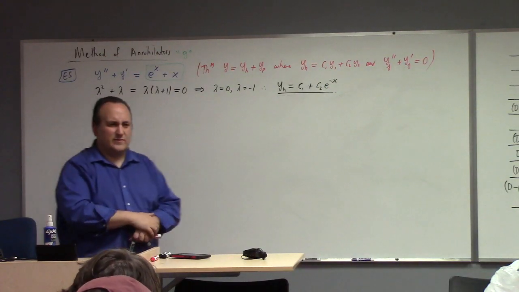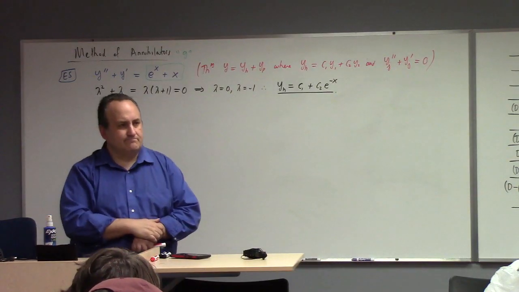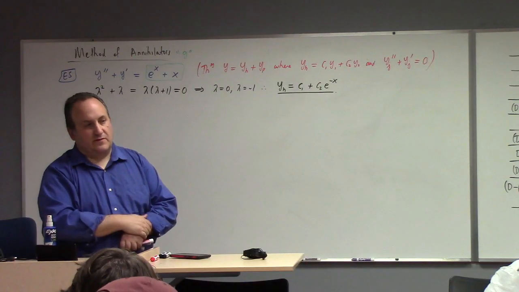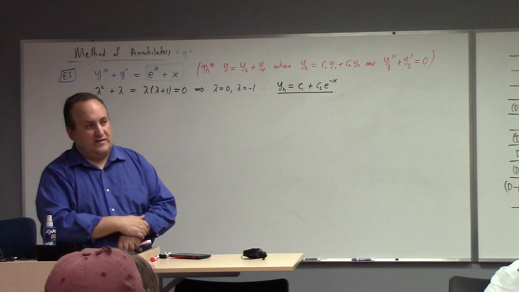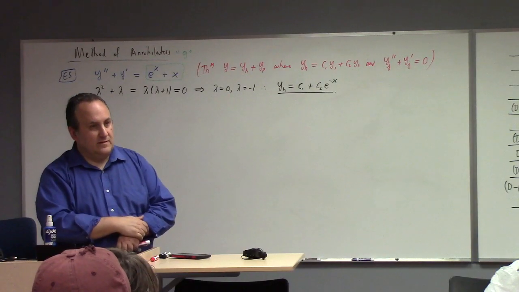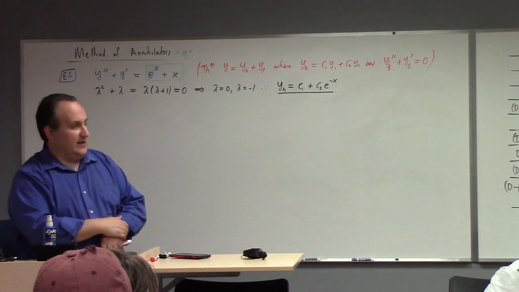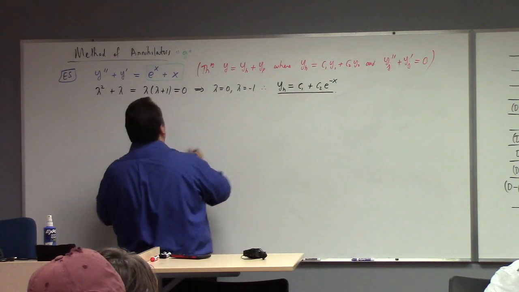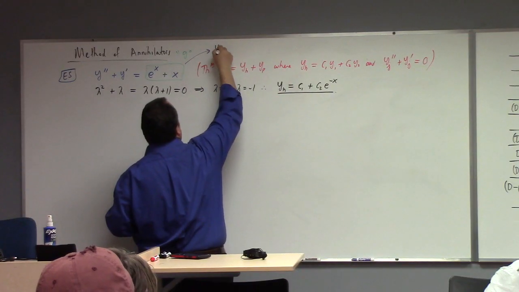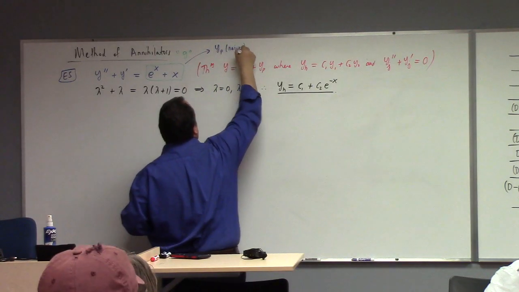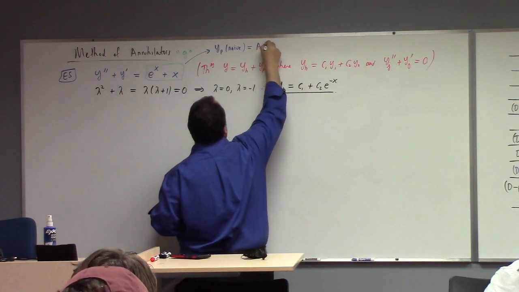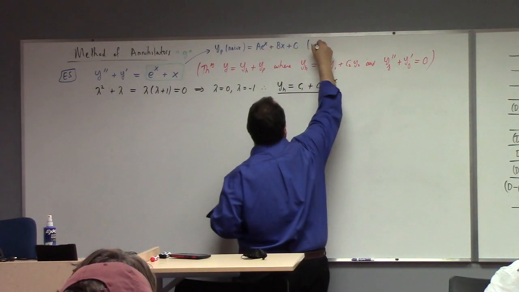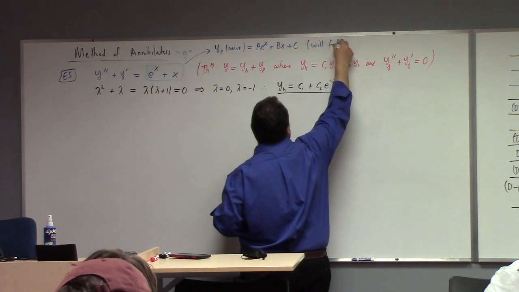But where does x come from? x comes from lambda equals 0 repeated. That's how we get x in the homogeneous solution set. So if we were to try the naive thing, it wouldn't work here. The naive guess would be a e^x plus dx plus c, and this will fail.